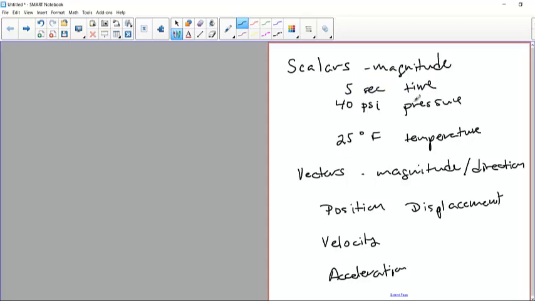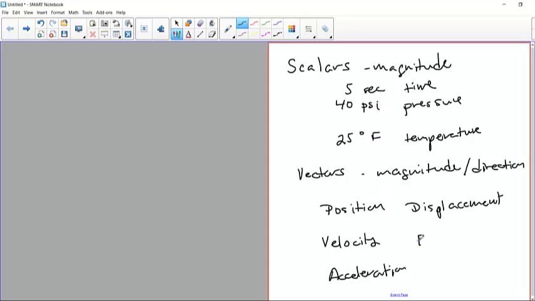So of those five quantities that we've been dealing with so far, initial velocity, final velocity, acceleration, and displacement, those are all vectors. Time is the only scalar that we've dealt with so far.